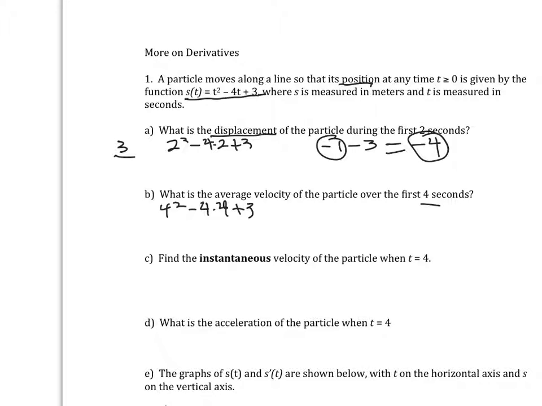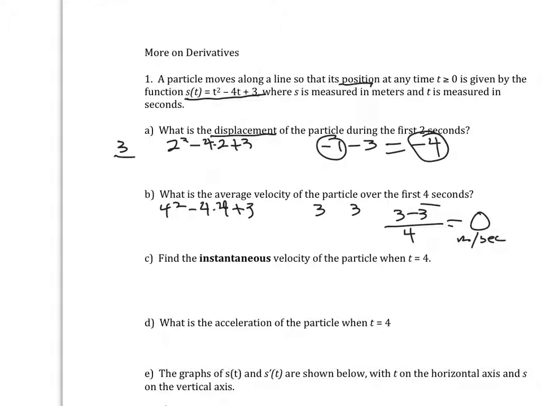So its displacement over the first 4 seconds, it went from a position of 3 when t was equal to 0 to a position of 3 when t was equal to 4, which means its average velocity is just 3 minus 3 over 4, and that gives us an average velocity of 0, in meters per second.